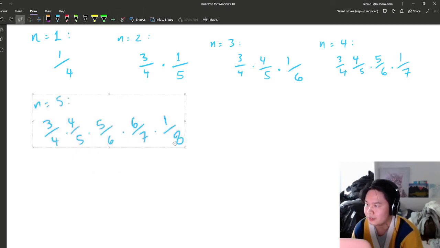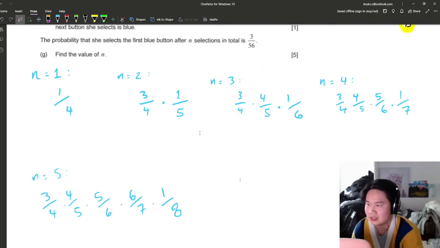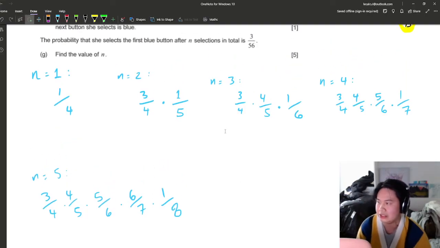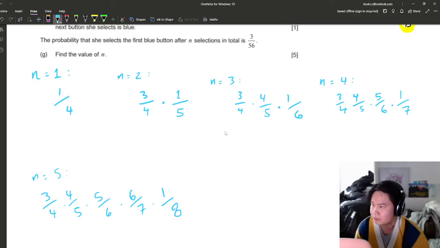You can probably work with factorials, but as an SL student, maybe you don't need to. So let's see. This is gonna be 3 over 20. This one was 1 over 20. Or sorry, 1 over 4.